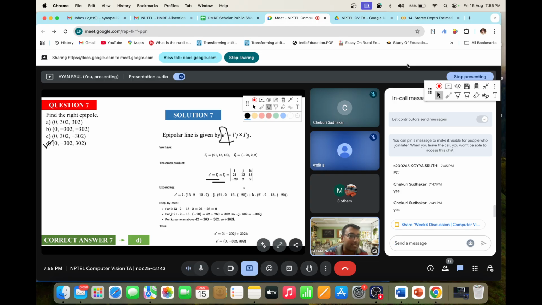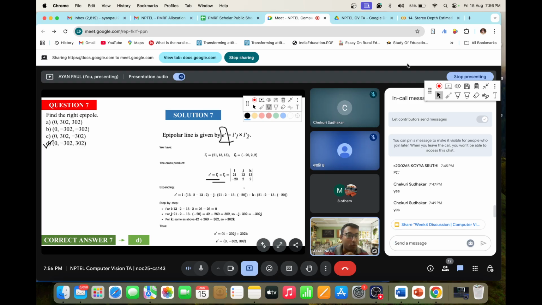The epipolar line L dash can be computed by F into x. We have been given x and F, so we can compute L dash. Since we have 2 points, we can compute 2 epipolar lines: L1 dash is F into x1, and L2 dash is F into x2.